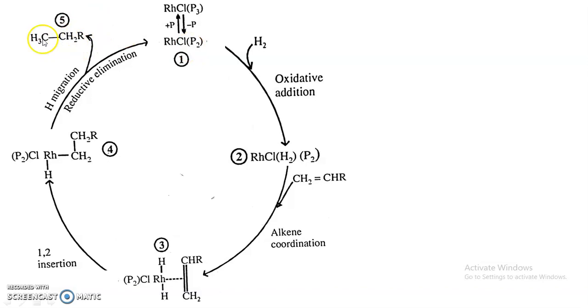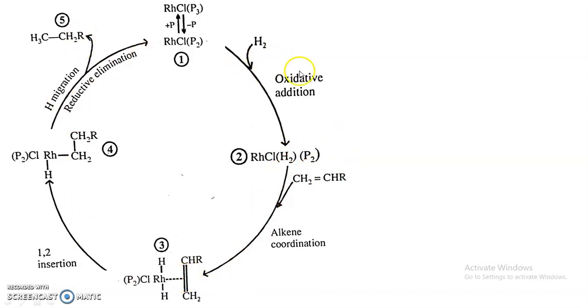At the same time, there is a formation of alkane. Again, this tricoordinated rhodium complex, after oxidative addition, forms the 5 coordinated complex, and the cycle is repeated.